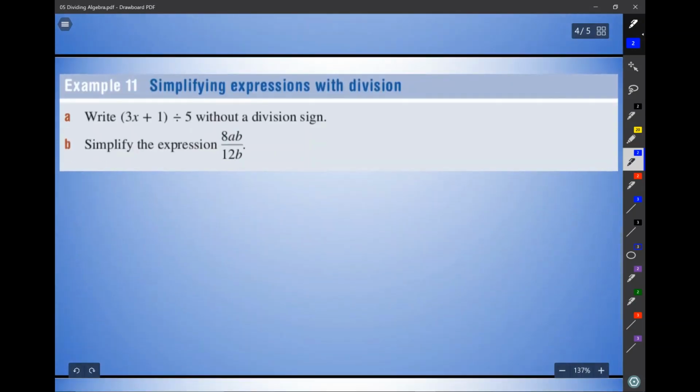Let's do some examples now. The first one, we've got 3x plus 1 in brackets divided by 5. And all we're being asked to do is write this without a division sign, which means in fraction form.